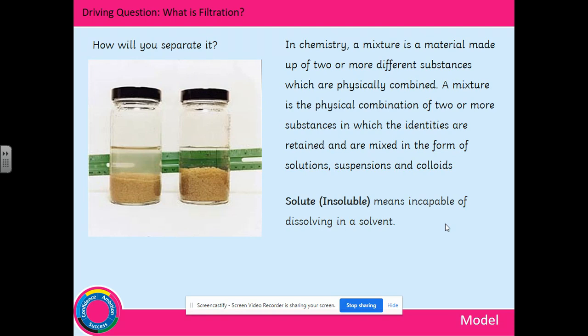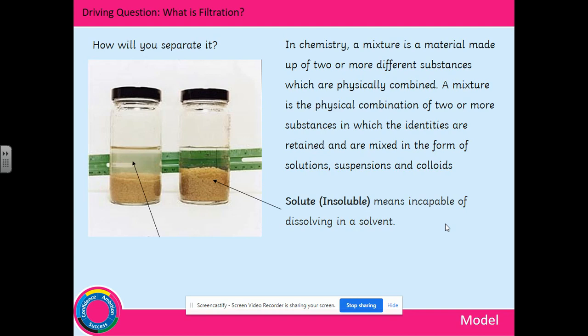Now, what we have here is sand and water again. Now, we have the solute, which in our case is insoluble, which means that it is incapable of dissolving in a solvent. Now, the sand is, as we already know, cannot be dissolved. So in this case, it will be our solute.